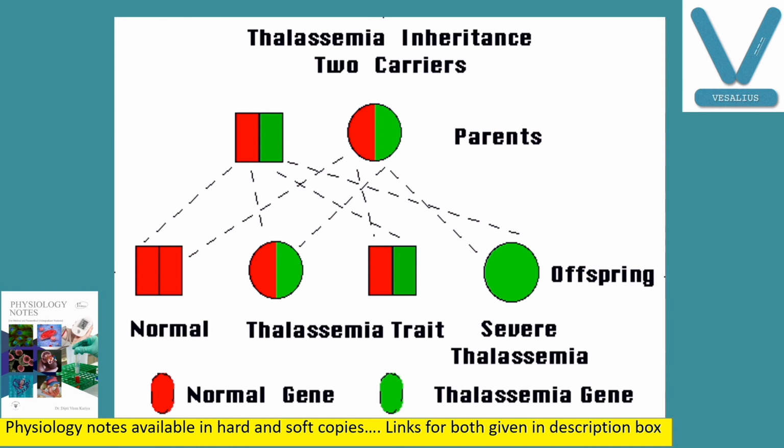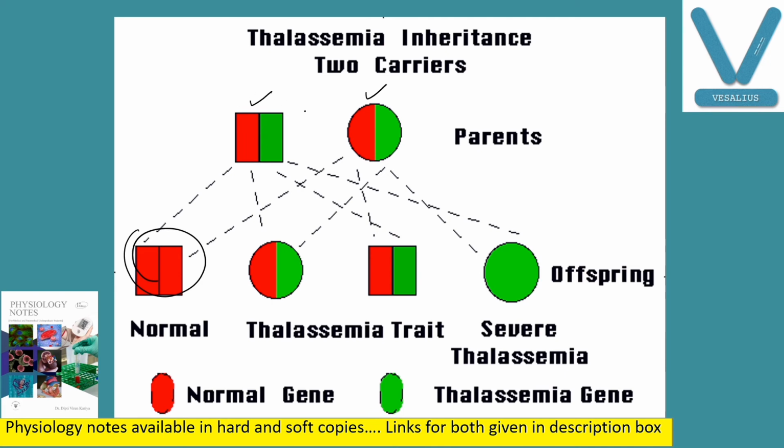Now, inheritance, you can see here, if both the parents are thalassemia minor, you can see here, chances of the baby having thalassemia major are there. So always before marriage this thalassemia test must be performed to rule out that.